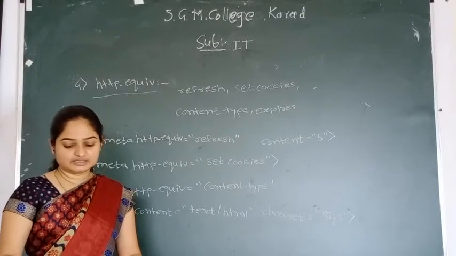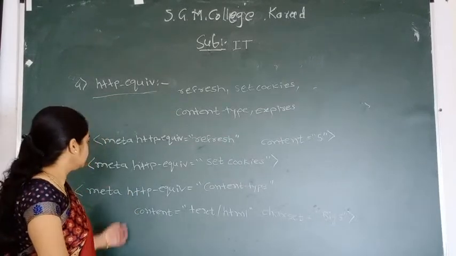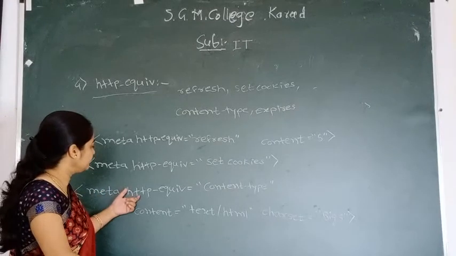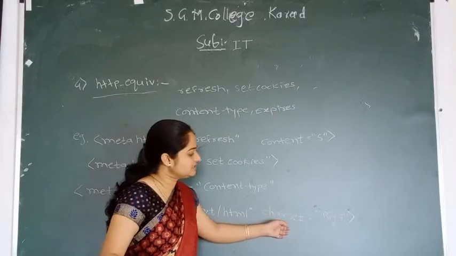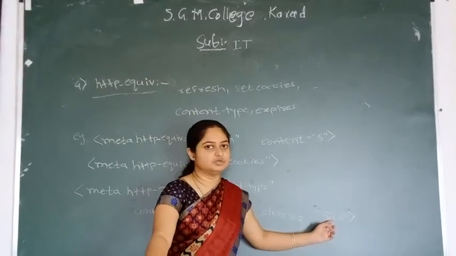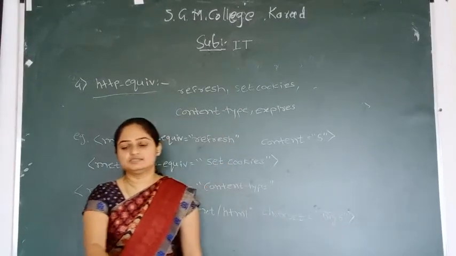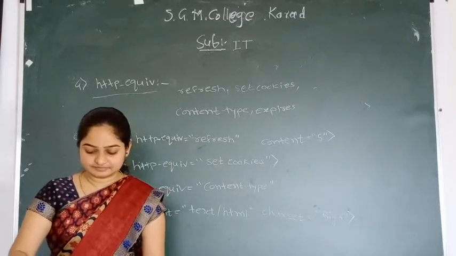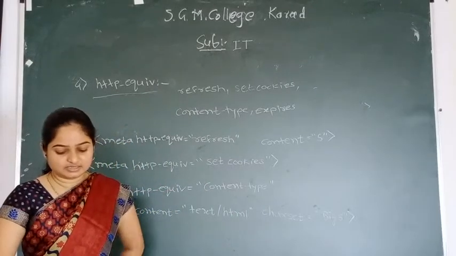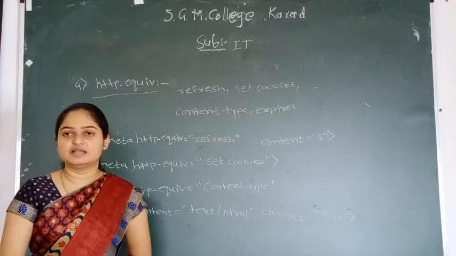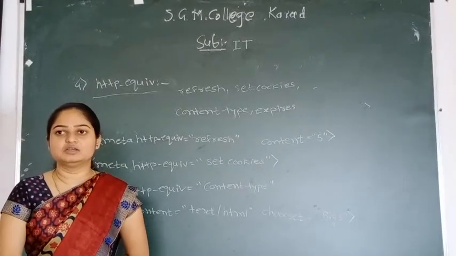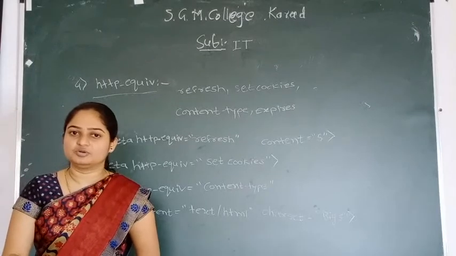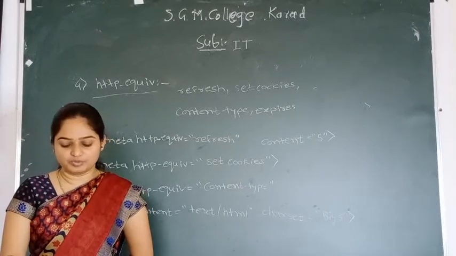Then the third line specifies content equal to text/html and charset equal to Big5. The Big5 charset is used for Chinese characters. This line specifies the character encoding for the document.